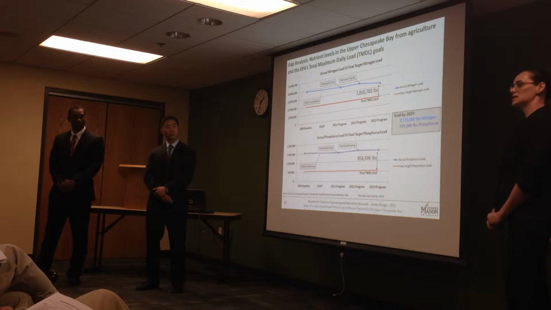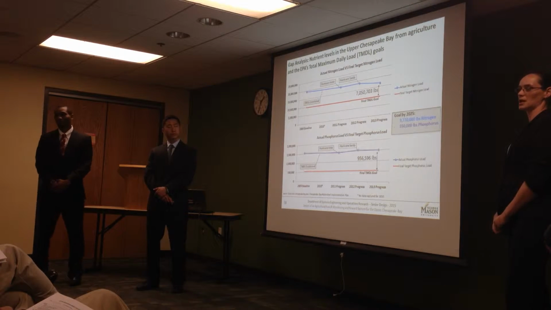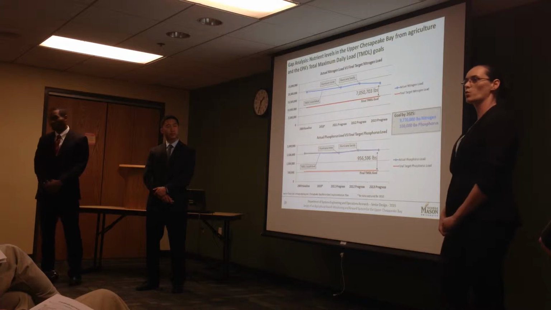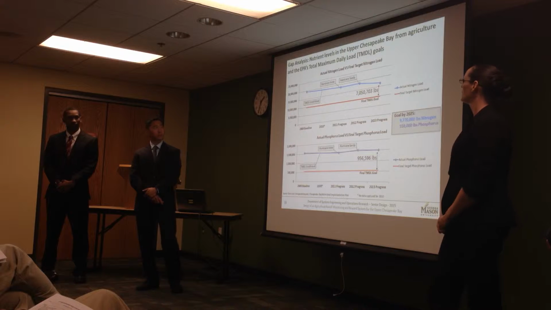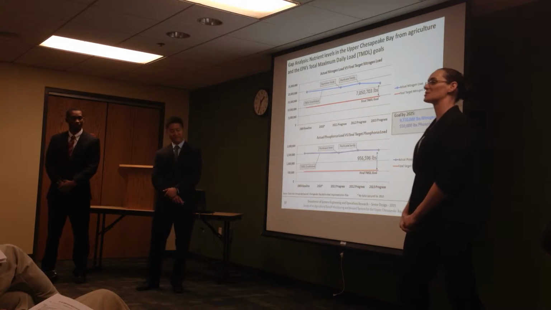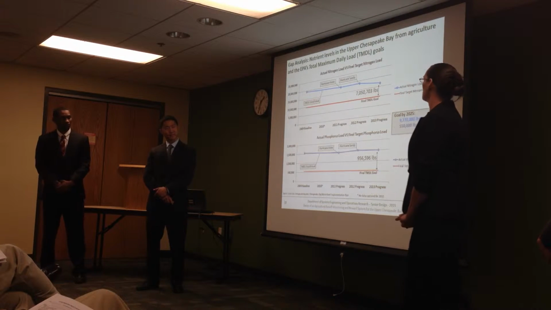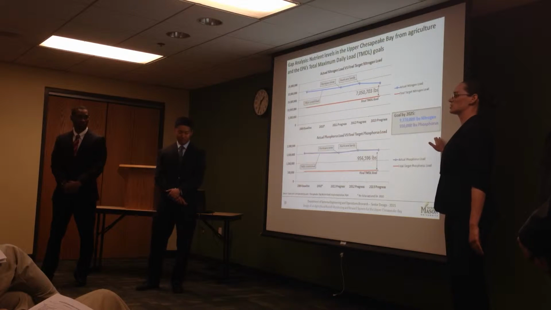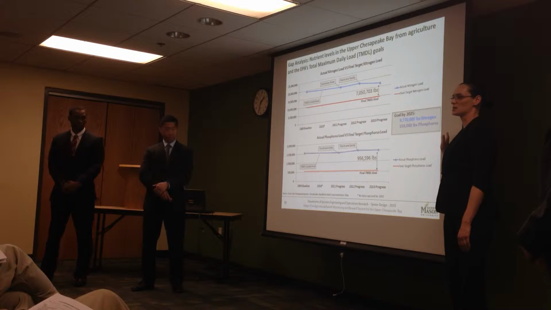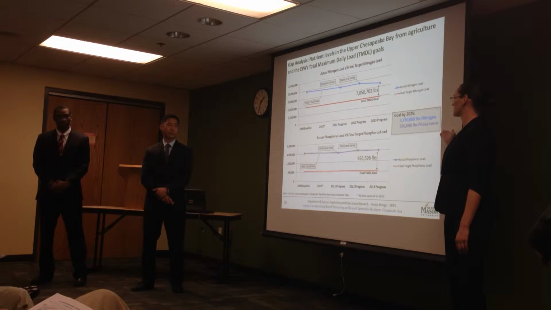So in 2010, the Environmental Protection Agency established water quality goals known as the total maximum daily loads, or TMDLs. What we find is that they want to reduce the excess nutrients in the Chesapeake Bay by the year 2025.